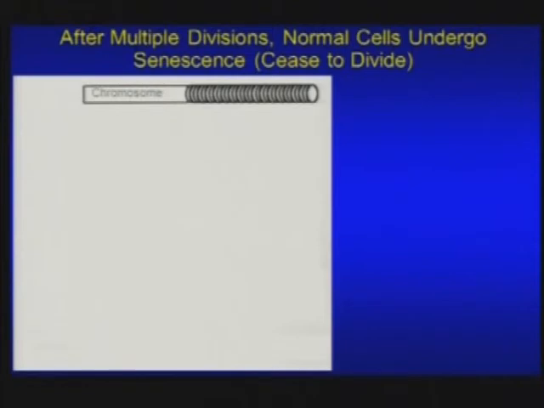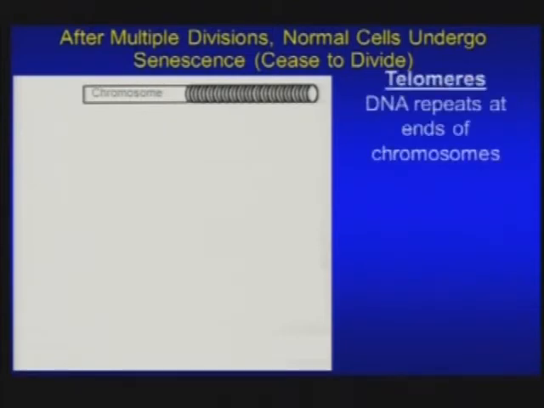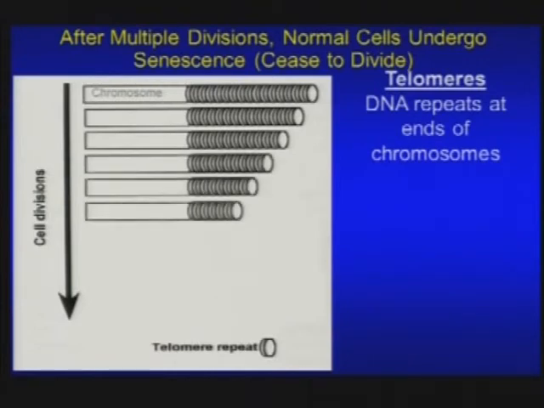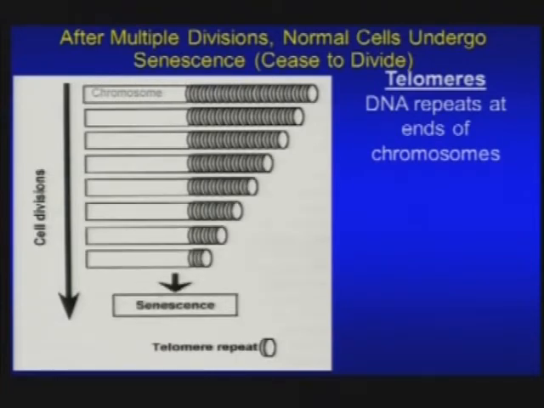And this involves the loss of telomeres. Telomeres, as shown in this cartoon, are these disc-like structures that are located at the ends of chromosomes and that are lost with each cell division. When these telomeres become too short, it triggers the cell to undergo senescence.